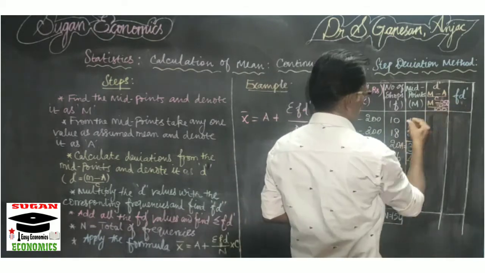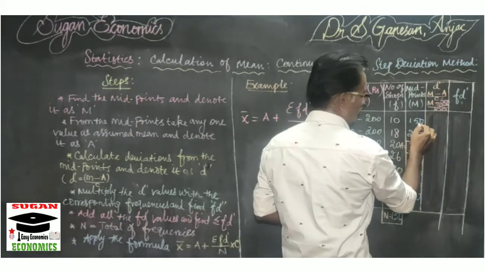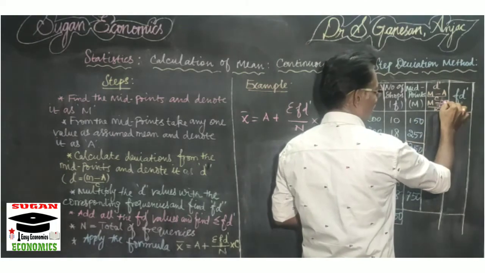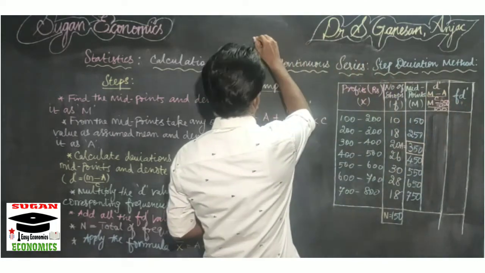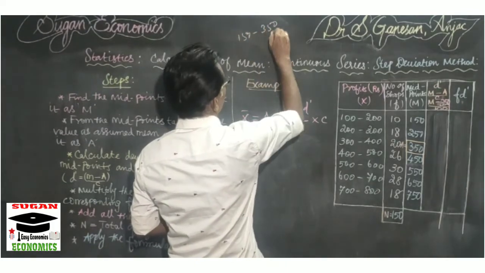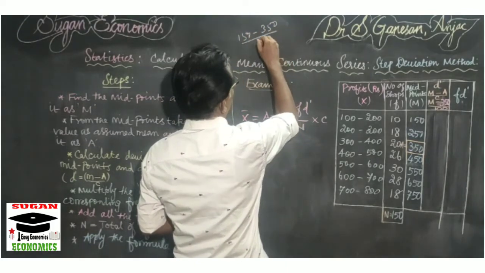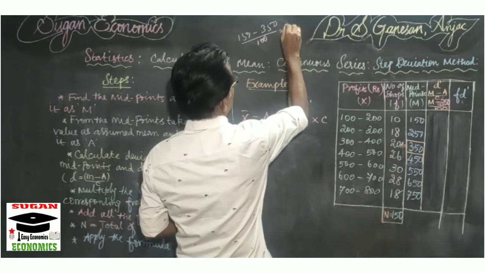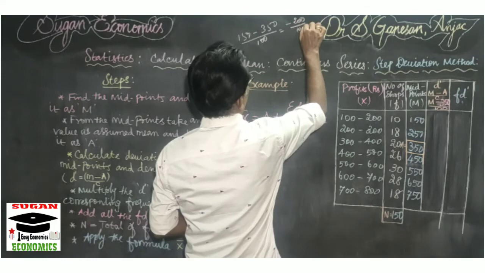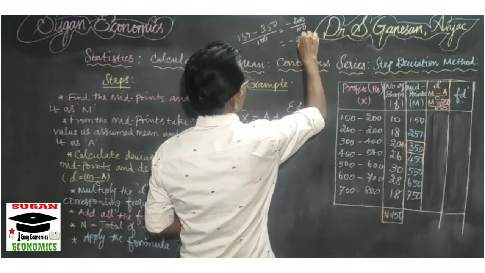So here for d dash, the first midpoint is 150 minus 350, divided by 100. So minus 200 divided by 100, that is equal to minus 2.